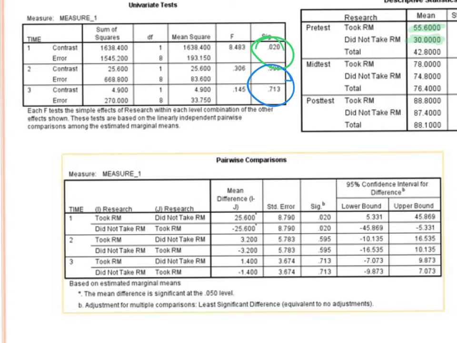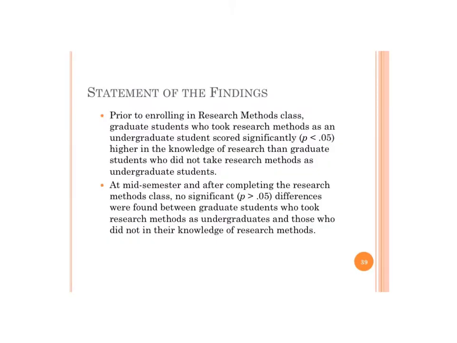We're just getting this in terms of a t-test, because I have mean difference divided by standard error, and whenever I do mean difference over standard error, what I'm getting is a t-statistic. I can also look at time 2 and time 3: no significant mean difference at time 2, no significant mean difference at time 3. I'd use that to write my statement of the findings.